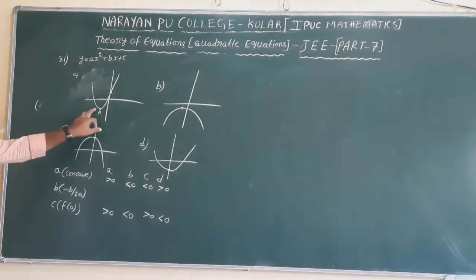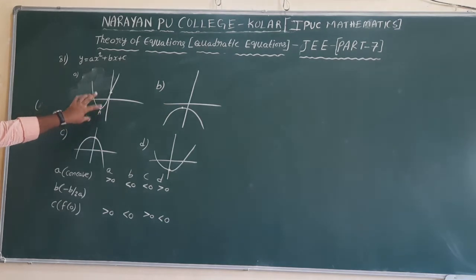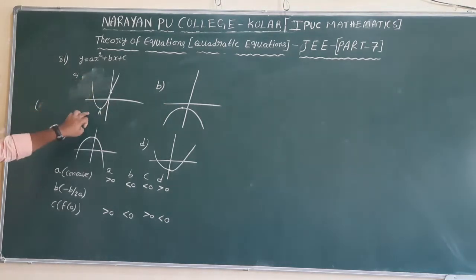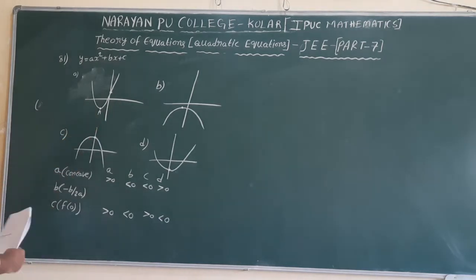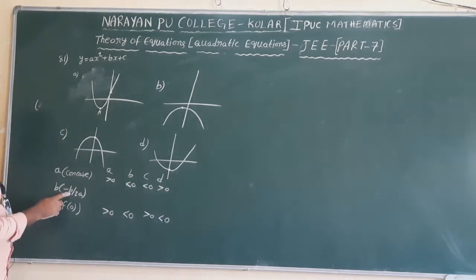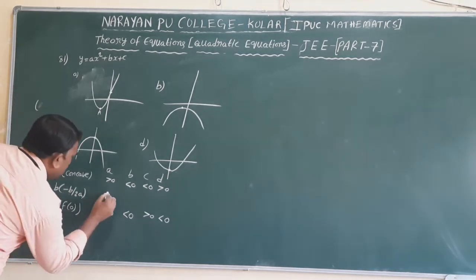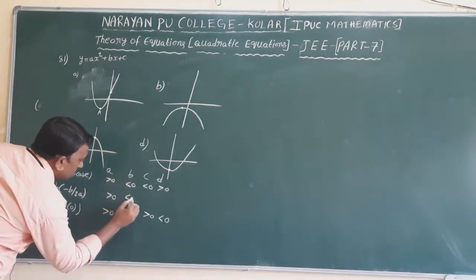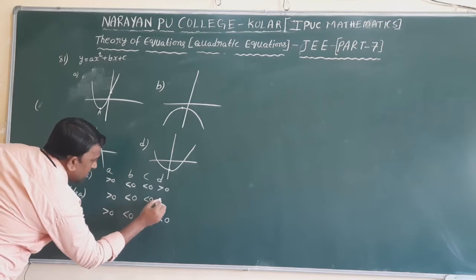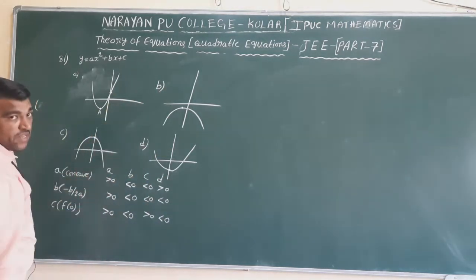In the third quadrant, both b and a are negative. In this, both are negative only. If b is negative, already minus is there, minus or minus plus, so plus, it will be greater than 0. If you observe like that, the remaining is less than 0, less than 0. Same condition you can apply for the remaining 3.